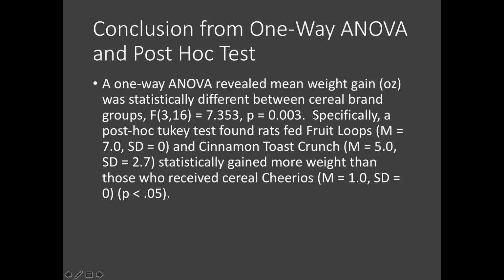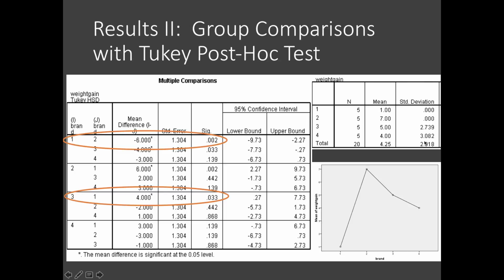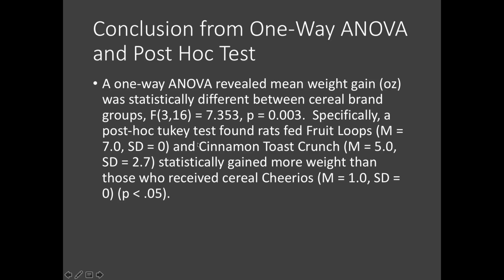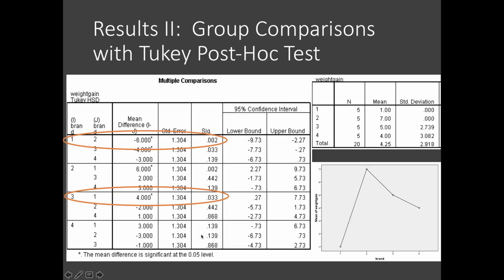But since there was, we want to say that a post hoc Tukey test found that rats fed the Fruit Loops with their mean and standard deviation from this little table here, and Cinnamon Toast Crunch with their mean and standard deviation statistically gained more weight than those who received the cereal Cheerios with their mean and standard deviation. And then just put in here P less than 0.05, because that's what the P values were in this sig table.